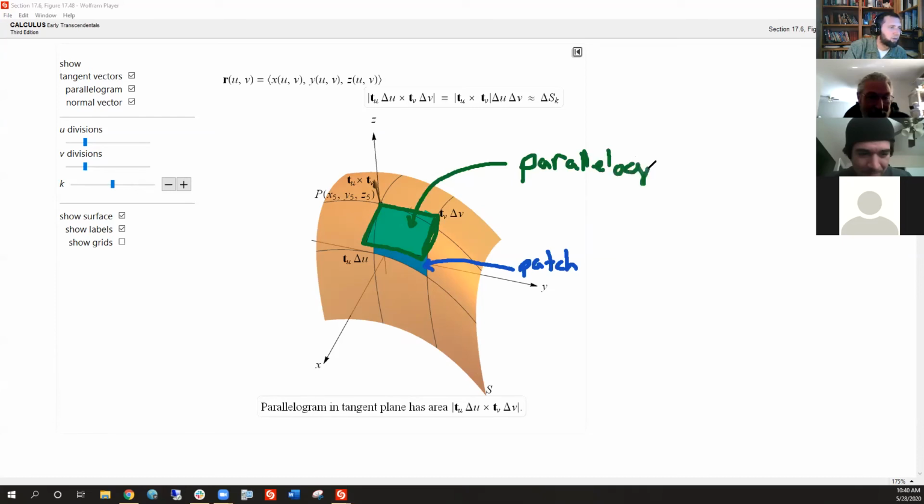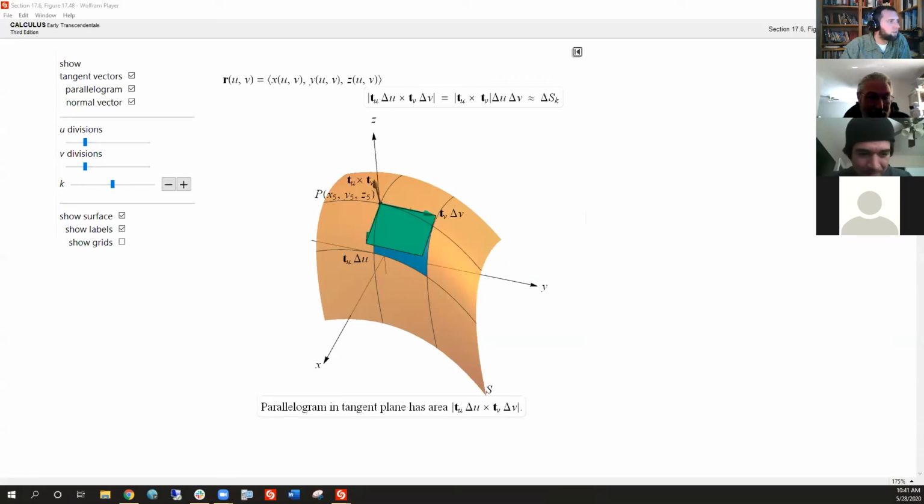I finally learned to spell parallel because I realized that right in the middle of parallel there were two parallel L's, and that helped me. So the way we learn things. We're going to say that the parallelogram is approximately equal in surface area to the patch. So we're going to focus on the area of that parallelogram.